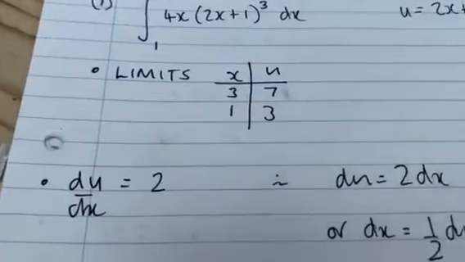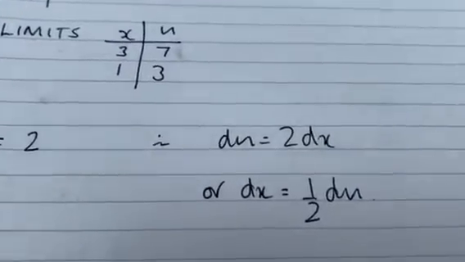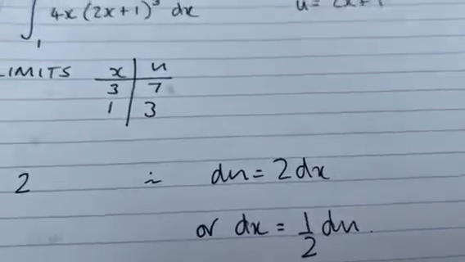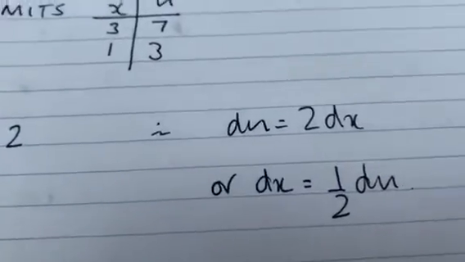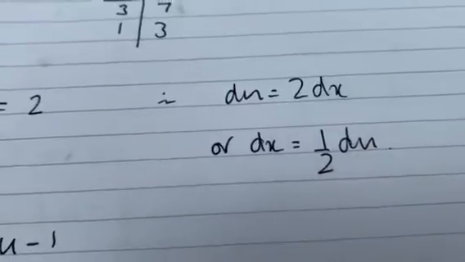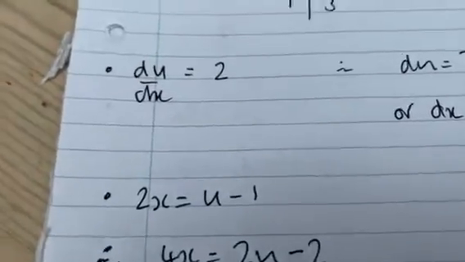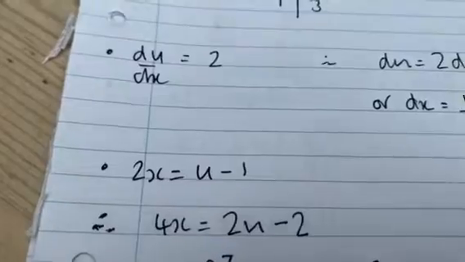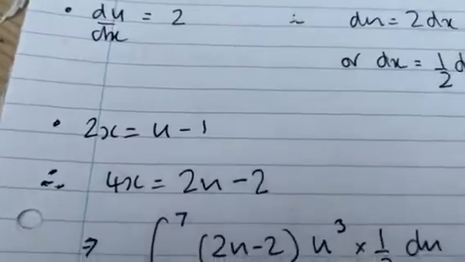I then find du dx, and then I'm going to rewrite that. And I can't decide until I've really looked at the question which is going to be most useful to me. So I'm going to play it by ear. I've rewritten them both. I know that 2x is u minus 1, so 4x is going to be 2 times that.